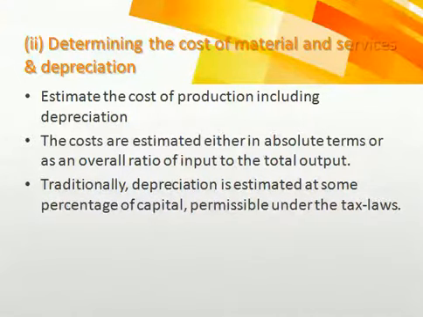Now in the second step, we are determining the cost of material which is being used to generate that income. So this step goes like this: estimate the cost of production including depreciation. The costs are estimated either in absolute terms or as an overall ratio of input to total output. That means whatever the cost involved in monetary terms is taken in absolute terms or as a ratio of input to output to find out the cost.